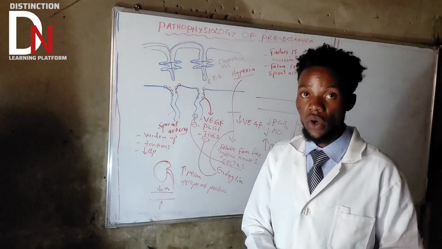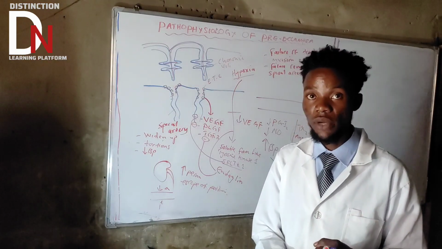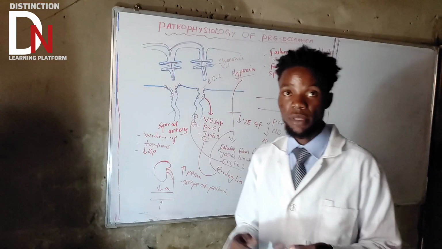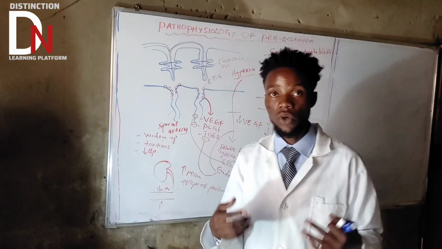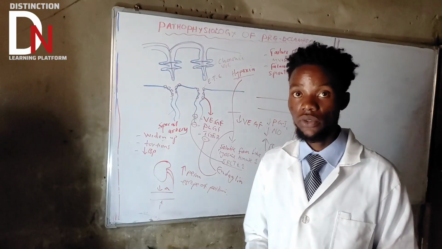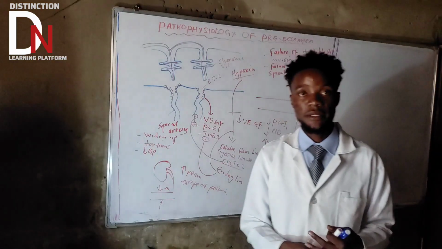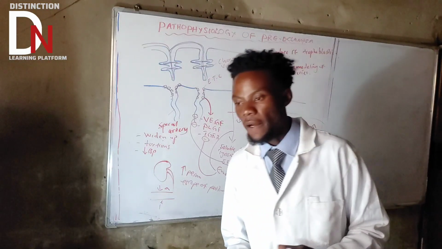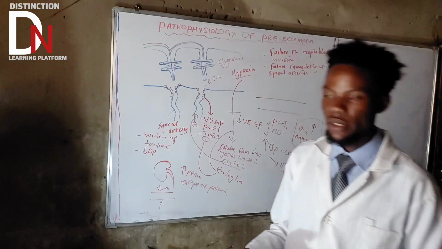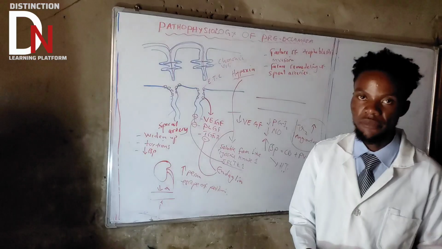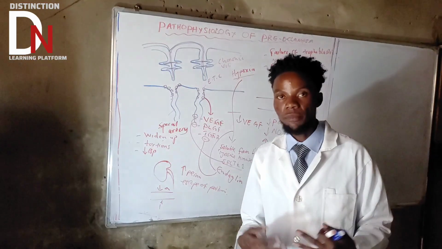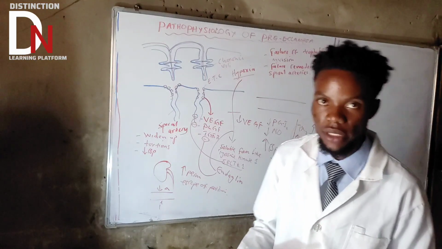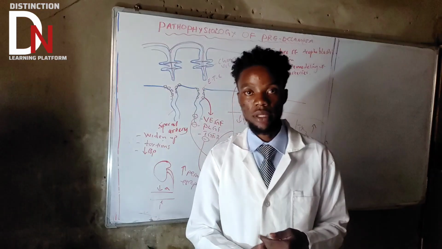There will be HELLP syndrome, which is characterized by hemolysis, elevated liver enzymes, and low platelet count. That is HELLP syndrome. What else apart from that? If you talk about the kidneys, there will be AKI, acute kidney failure. What else? There will be DIC, which is disseminated intravascular coagulopathy.